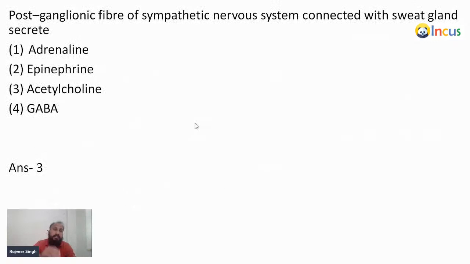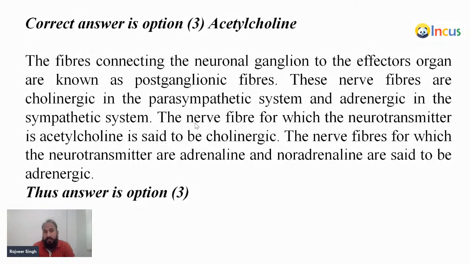Now the next question: postganglionic fiber of the sympathetic nervous system connected with sweat glands secretes adrenaline, epinephrine, acetylcholine, or GABA. The answer will be third, acetylcholine, because the fibers connecting the neural ganglia to the effector organs are known as postganglionic fibers.